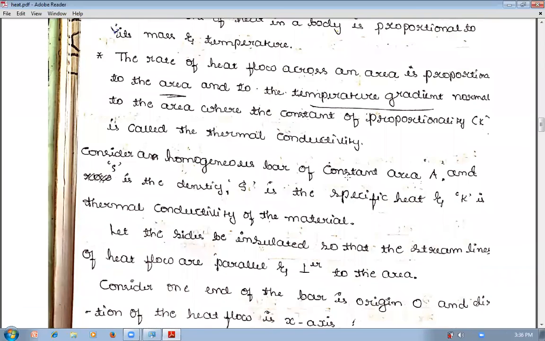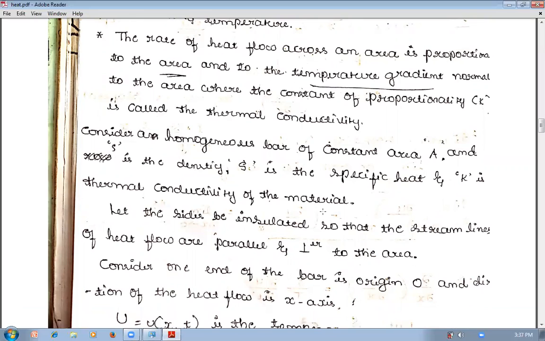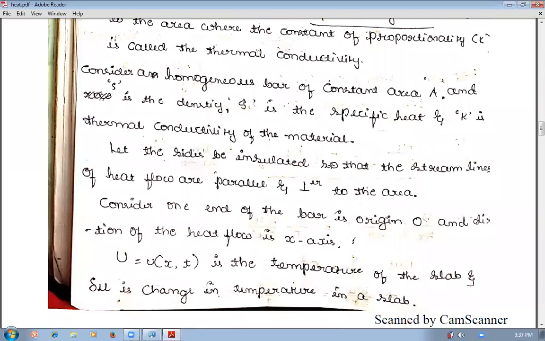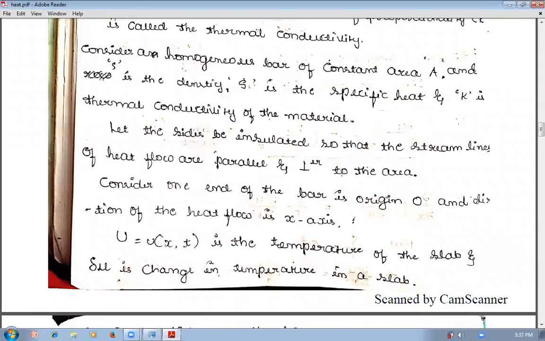Consider a homogeneous bar of constant area A, where rho is the density, S is the specific heat, and K is the thermal conductivity of the material. Let the sides be insulated so that the streamlines of heat flow are parallel and perpendicular to the area.